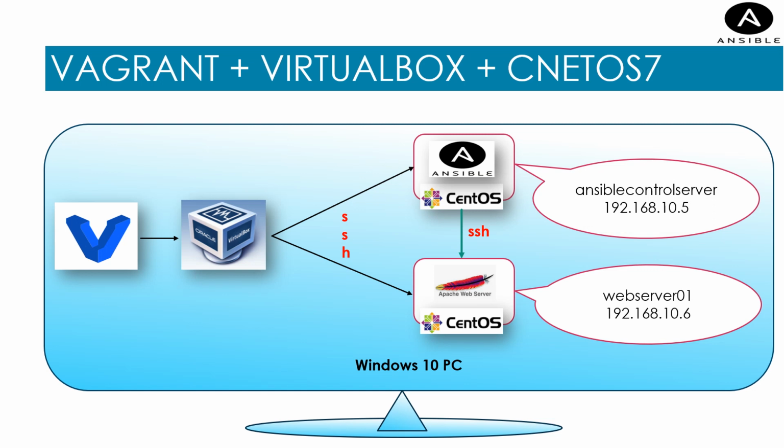On that base OS, we will configure the hostname and IP address of the Ansible control server and the Apache web server, like webserver01, and we'll connect from the Ansible control server to the Apache web server with the help of SSH. All these configurations we are going to do live.